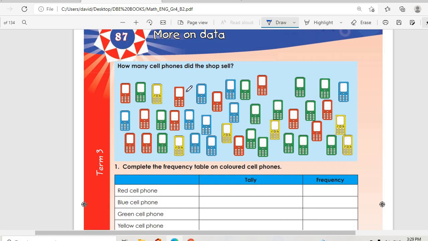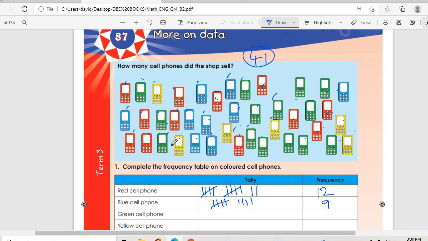Then we go to this one. There is more data there. They are saying how many cell phones did the shop sell? So 45, 36, 38, 40, 41. So all of them are 41 cell phones. Now they are saying red cell phones. You count 1 to 12, so they are 12, which means you say 1, 2, 3, 4, 1, 2, 3, 4, then 1, 2. Blue cell phones: 1 to 9, so you put your 9 there, 1, 2, 3, 4, then 1, 2, 3, 4.